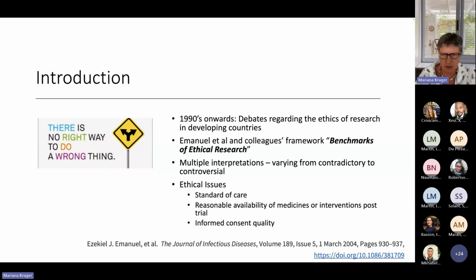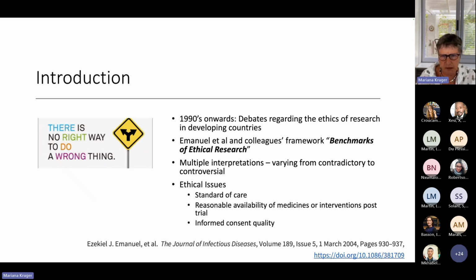You could just come and test whatever you wanted, and a feeling of exploitation developed, because you're going to do research, but it's not going to be of benefit to the local community. Is that correct? And so there were major publications and debates going on about research in developing countries.